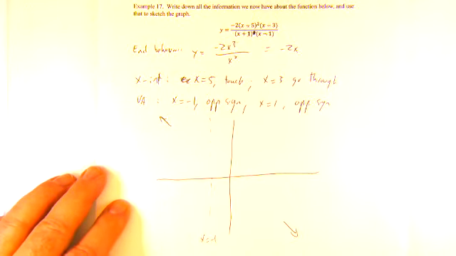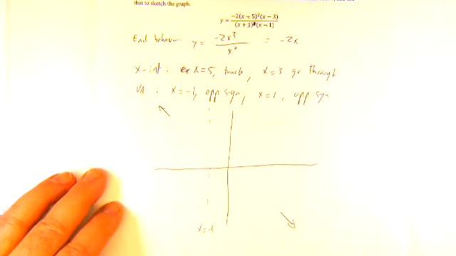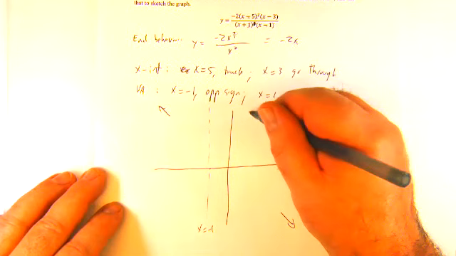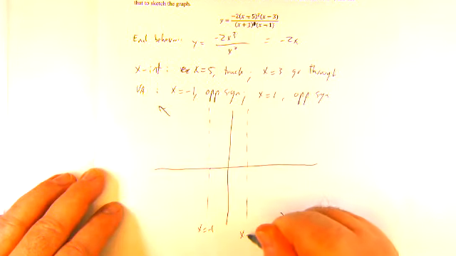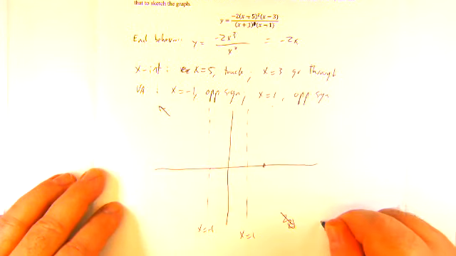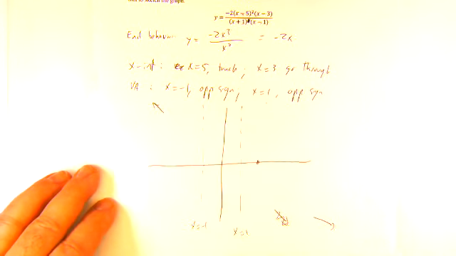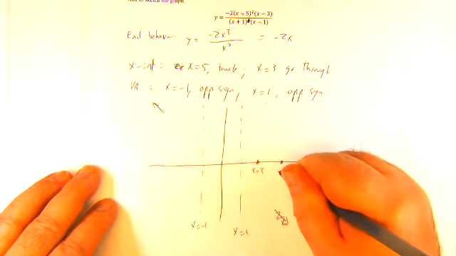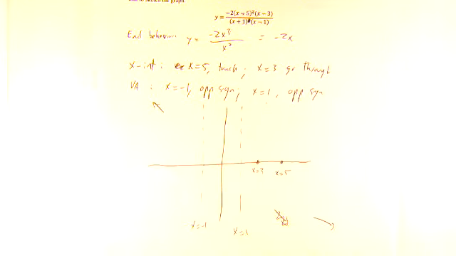So that's x equals -1, that's my vertical asymptote. X equals 1 is another vertical asymptote. X equals 3, I'm going to move this out to the right a little bit so that I have some space. X equals 3 is one x-intercept, and x equals 5 is another.